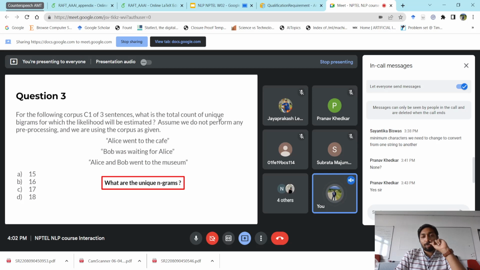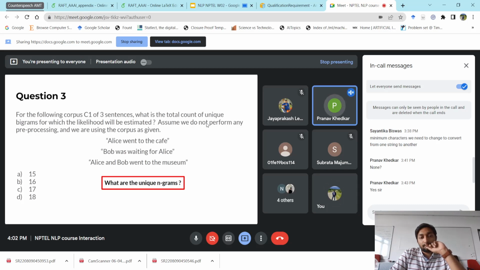Can anyone tell what are the unique unigrams, or what are unigrams in general? What are bigrams in general? What is an n-gram? Anyone?